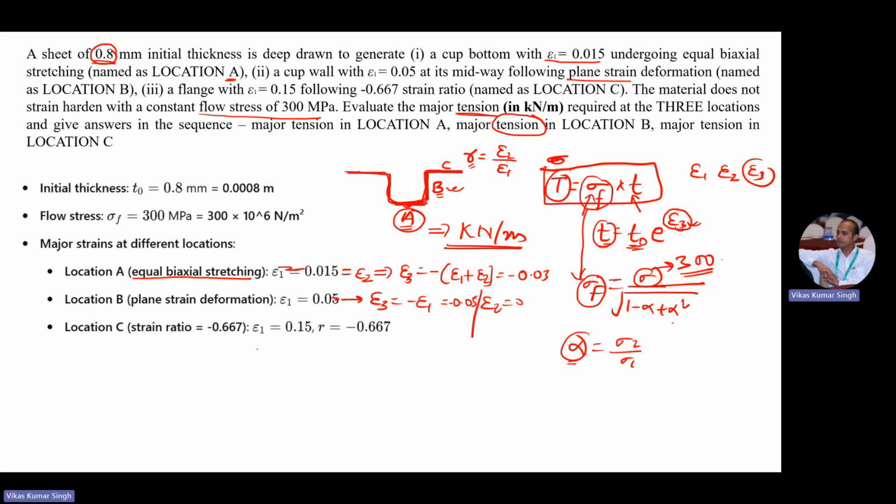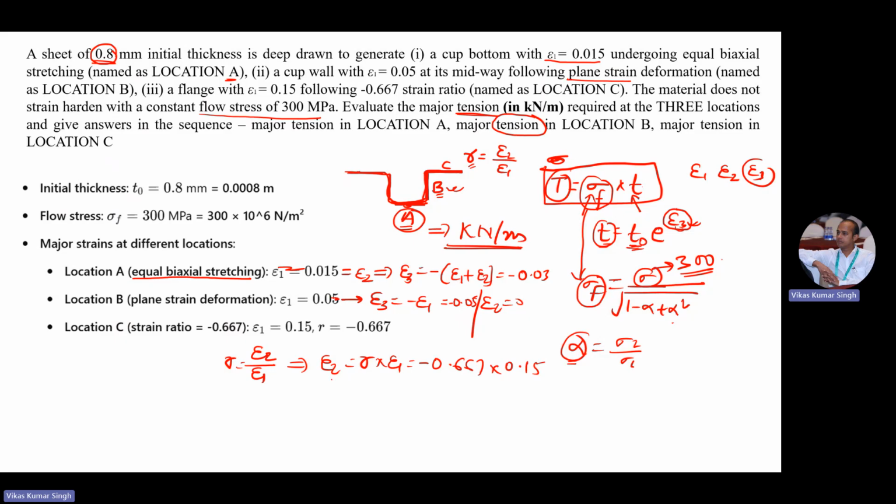And in this condition, epsilon 2 by epsilon 1, this R value, is given. So from here, epsilon 2 will be R into epsilon 1. If you put this value, you will get minus 0.667 into 0.15.